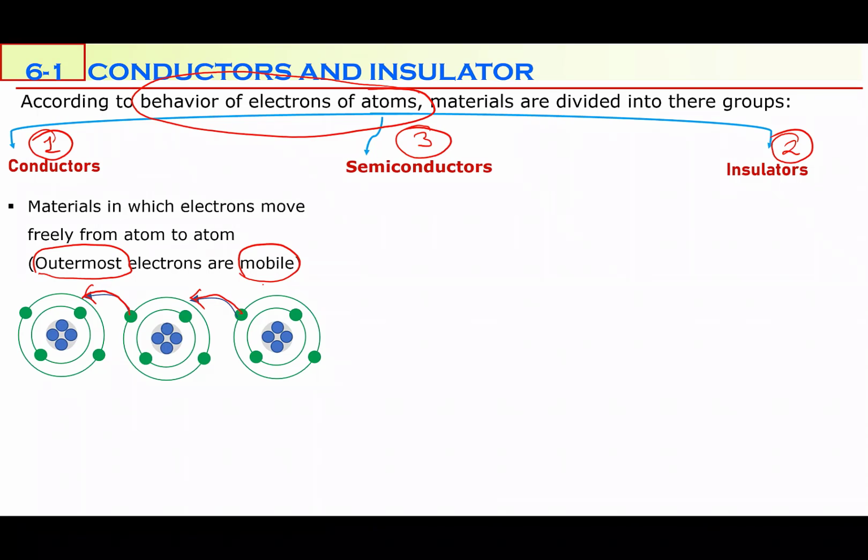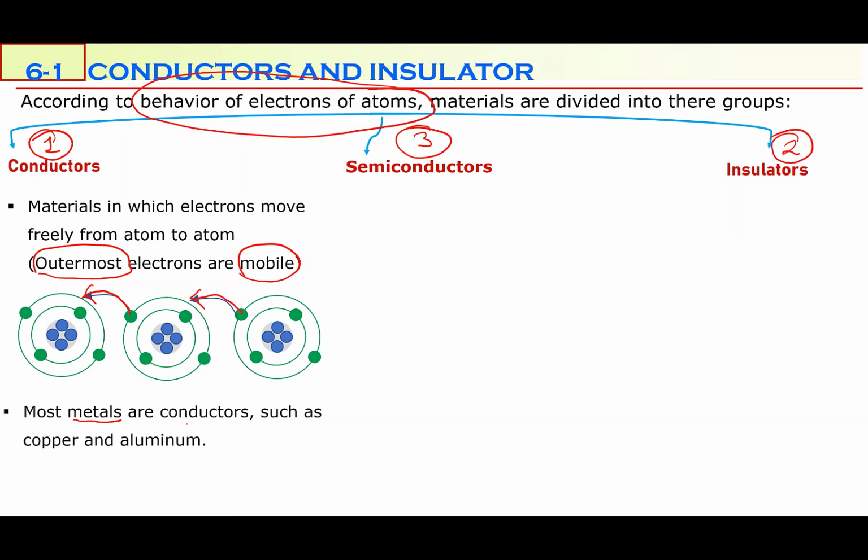By the motion of these electrons, from one atom to the next, electricity is conducted through a conductor. This is the structure of a conductor, and how conductors let electricity flow.